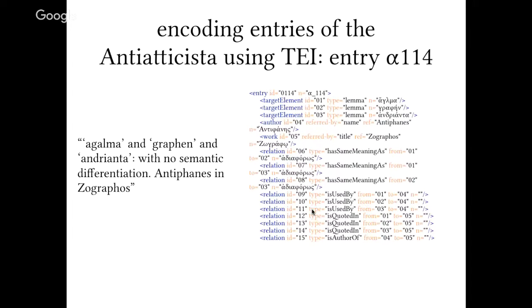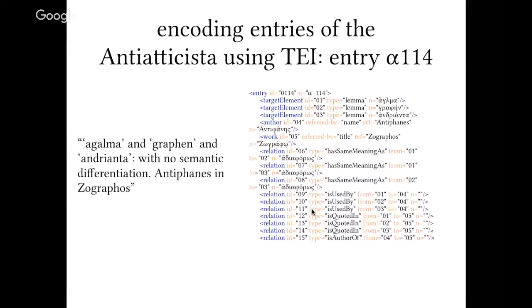The last entry works again with three different target elements, with the author item, and with relations that explicitly state in which relationship the four headwords are to each other. Has meaning as, has the same meaning as.